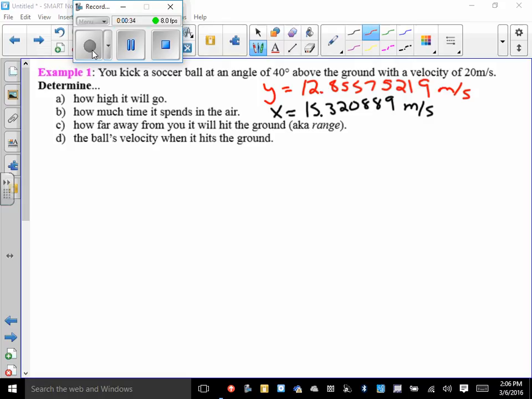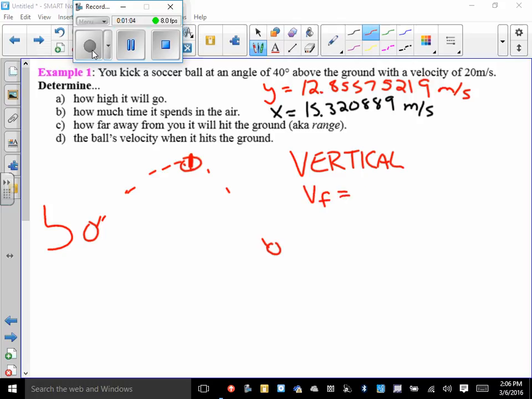So we've kicked the ball. It's come here. If we're looking at how high, we're really looking at vertical. When we're looking at vertical, there are a couple of things we need to know. At that maximum height, my final velocity is going to be 0.